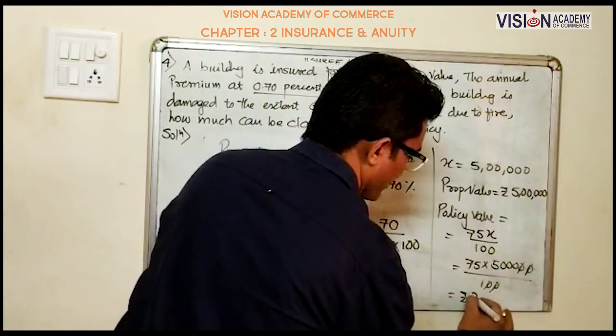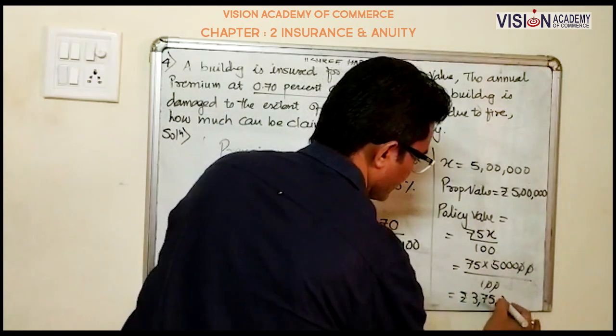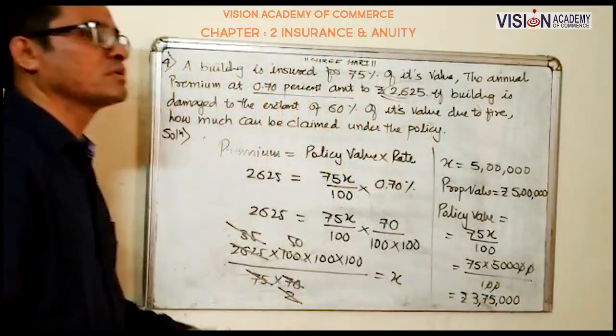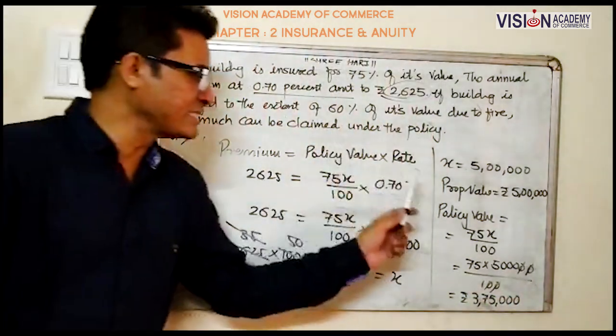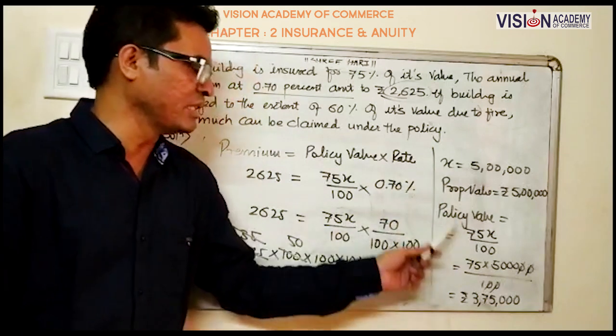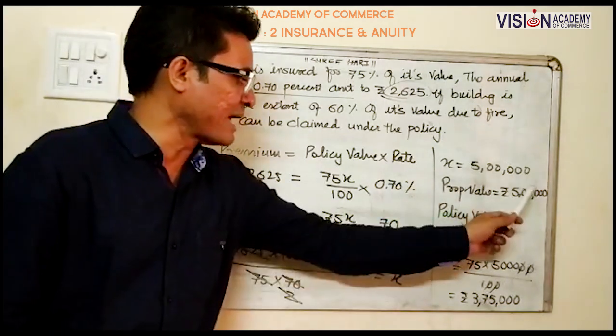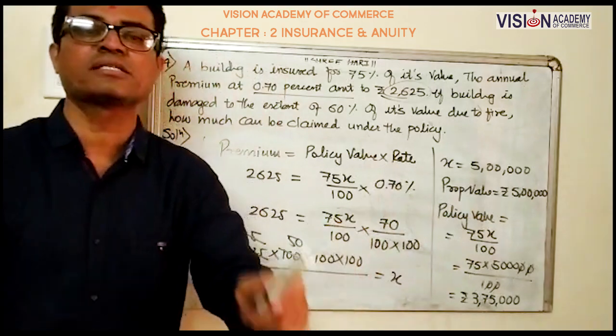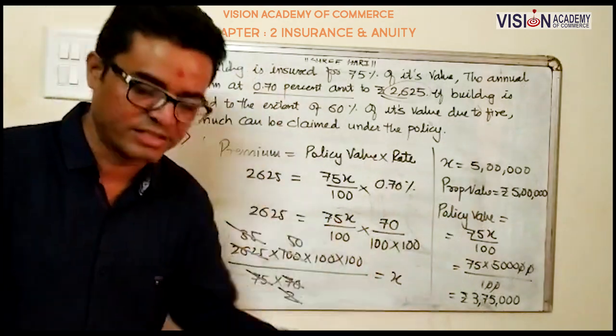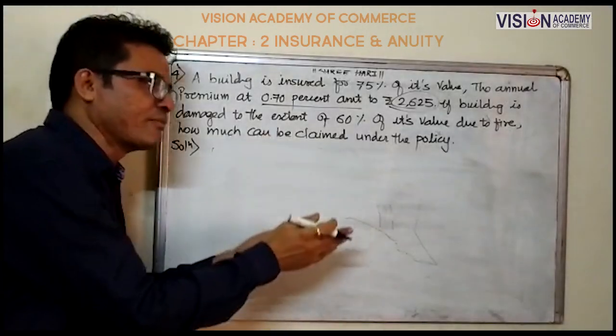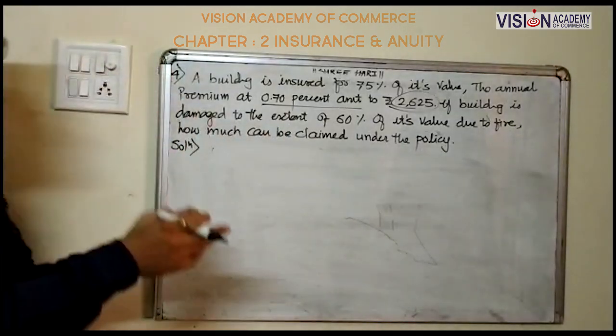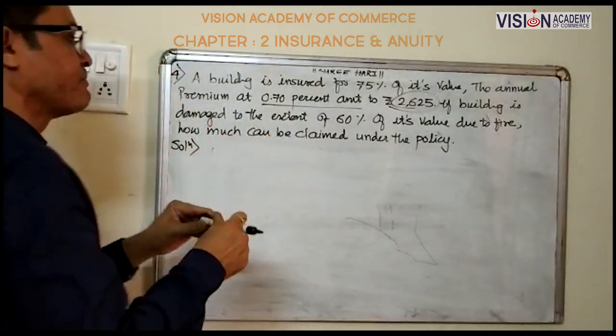So it comes to rupees 3 lakhs 75,000. So property value is 5 lakhs and policy value is rupees 3 lakhs 75,000. Next. So we have property value of rupees 5 lakhs and policy value of rupees 3 lakhs 75,000.